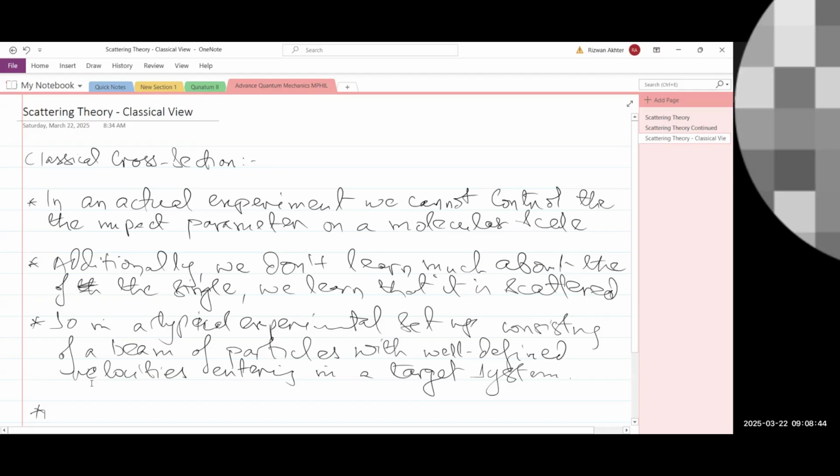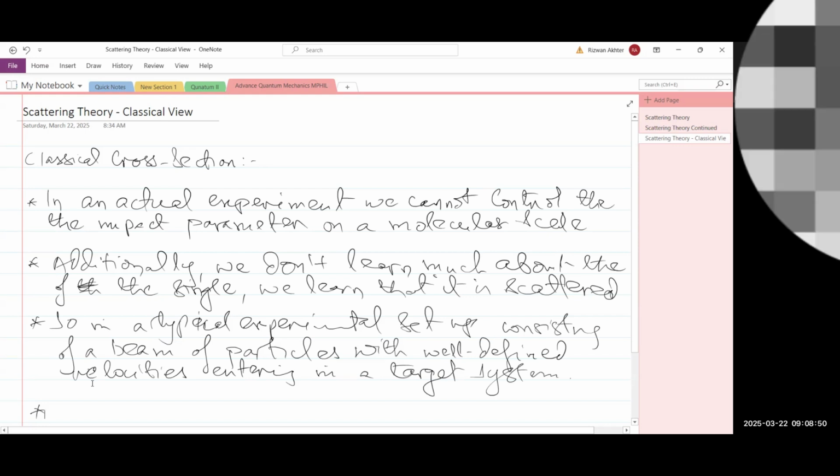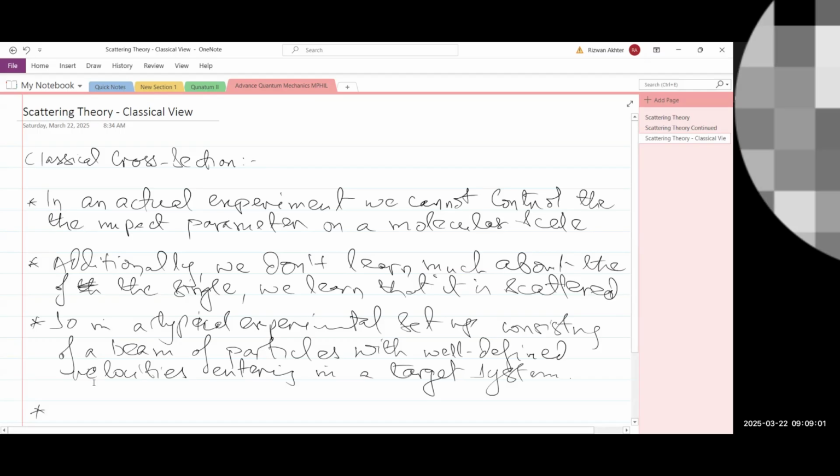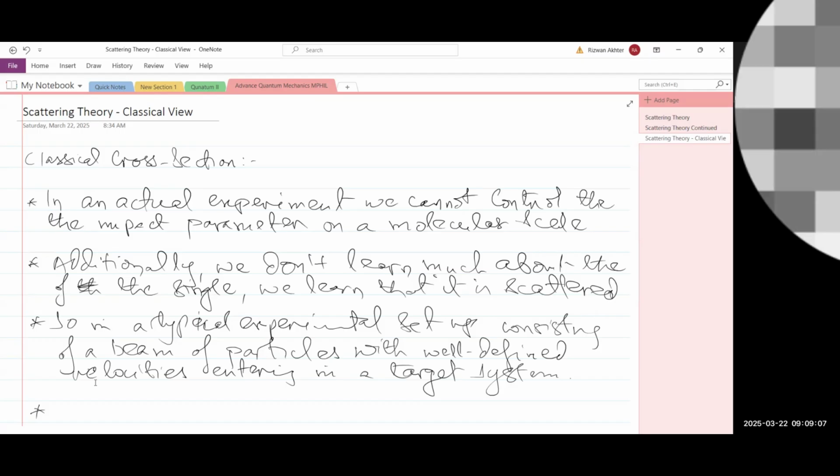These projectiles are then detected or counted by their passage through some device. We have different types of detection devices, such as a reaction chamber or, for example, a cloud chamber, where you can detect their passage.